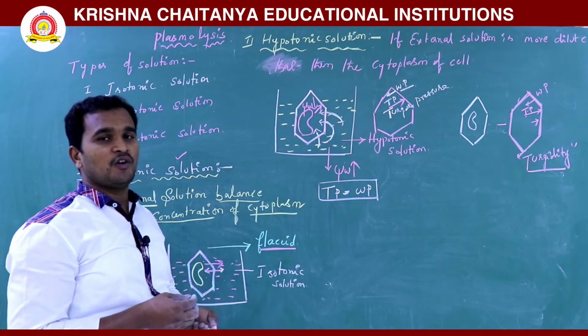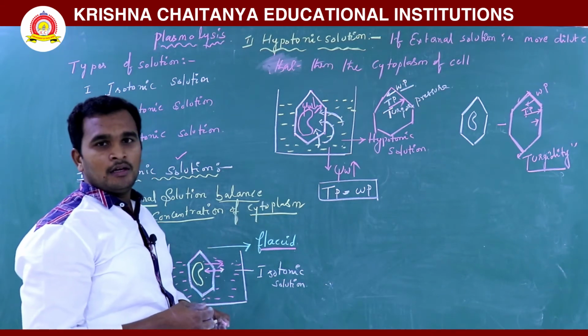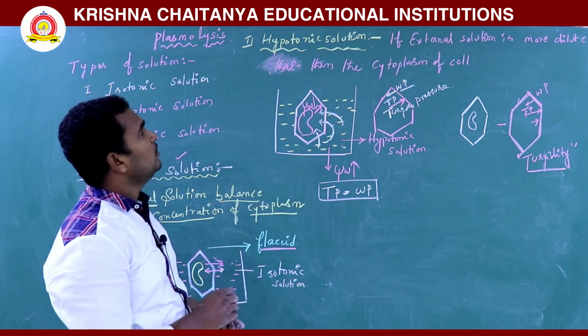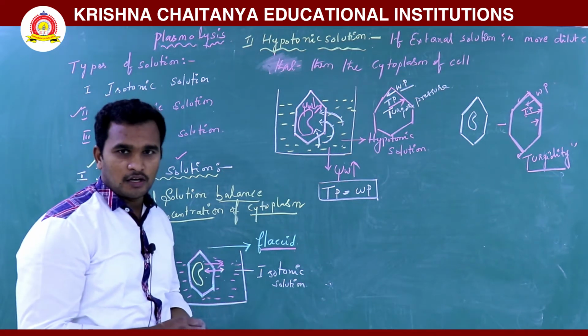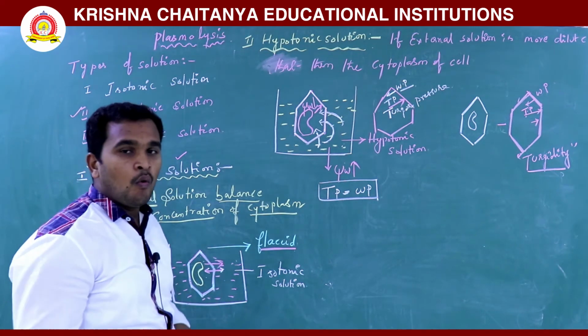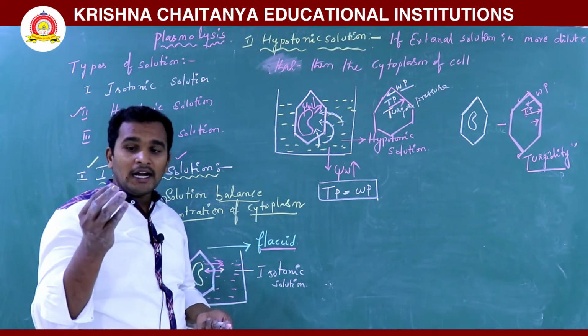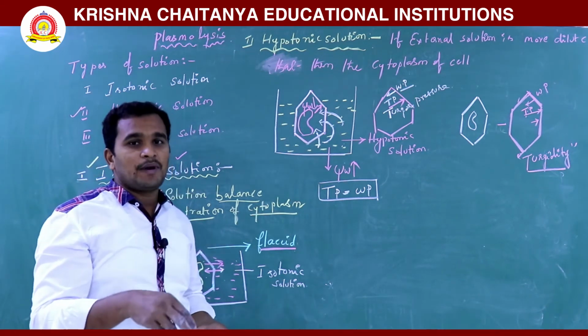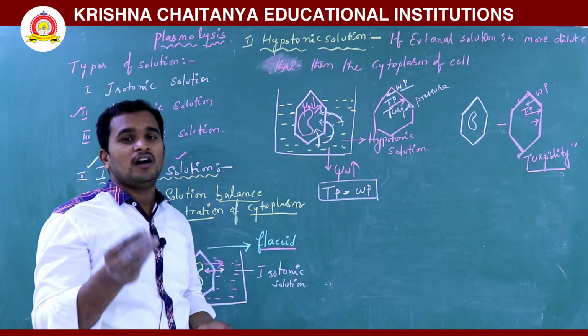If you take animal cells, they will burst. So this is also what we are observing in hypotonic solution. So you understood turgor pressure now. Once water enters the cell, it creates some pressure on the inner side, hydrostatic pressure.